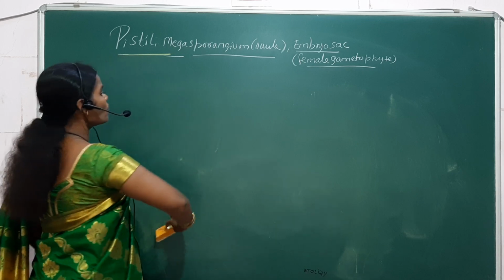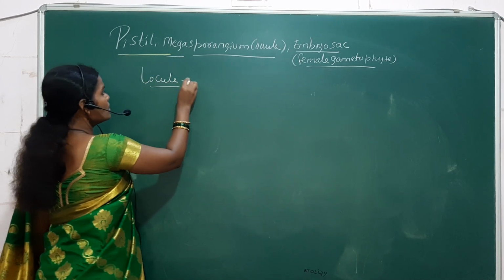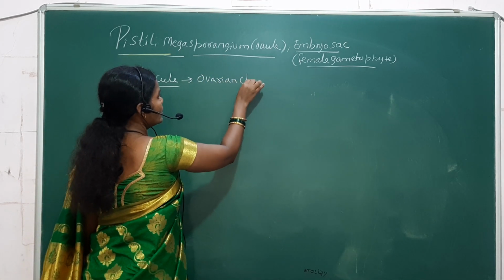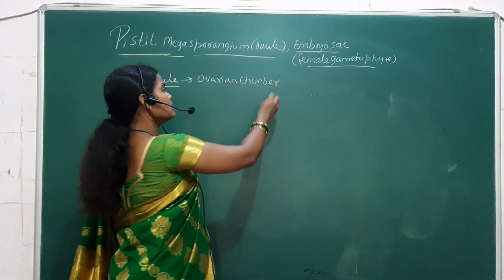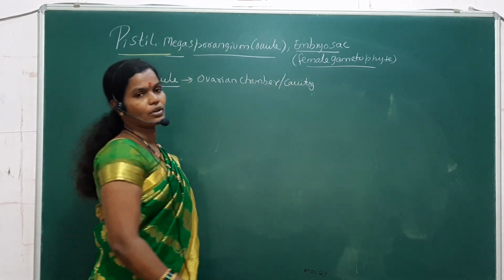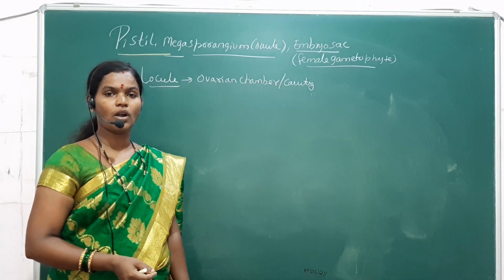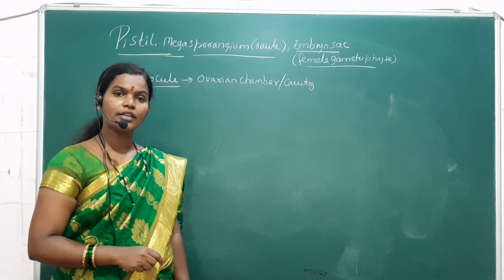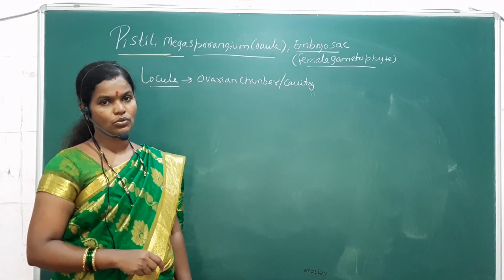Locule is the ovarian chamber or cavity. And inside this locule there is a presence of the nutritive tissue called the placenta. The placenta is nourishing the ovules.